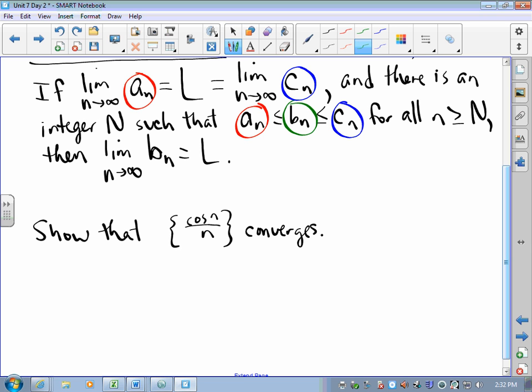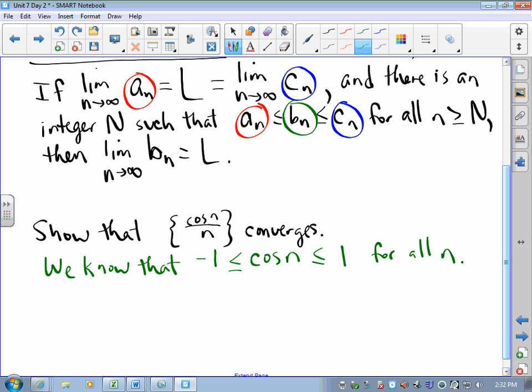And I'm going to do that really easily. We know that the cosine of n is in between -1 and 1 for all n greater than or equal to 1, which is all that matters for the case of a sequence.